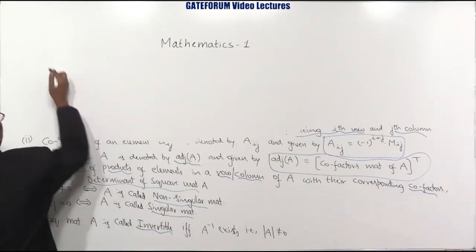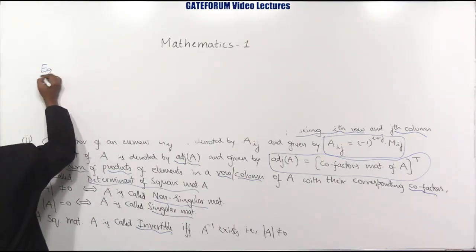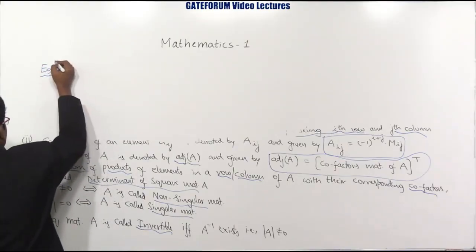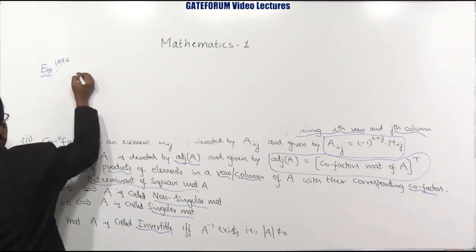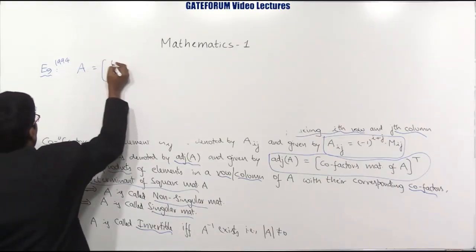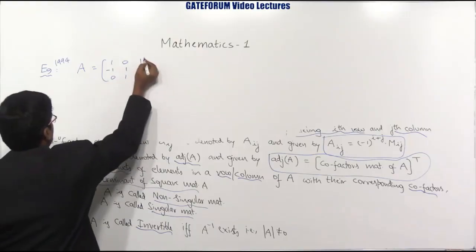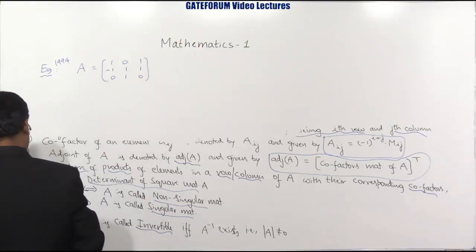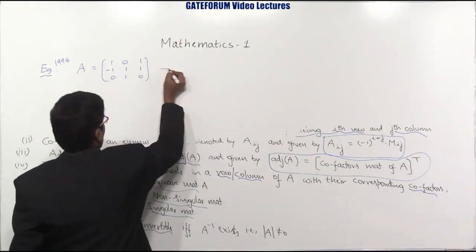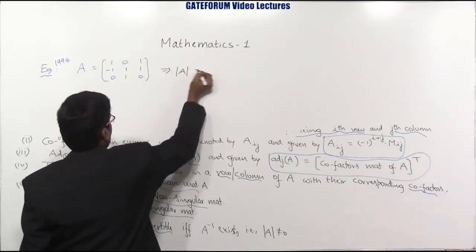Example, this is 1994. A is equal to 1, 0, 1, minus 1, 1, 1, 0, 1, 0. So first we have to find determinant A because of inverse.